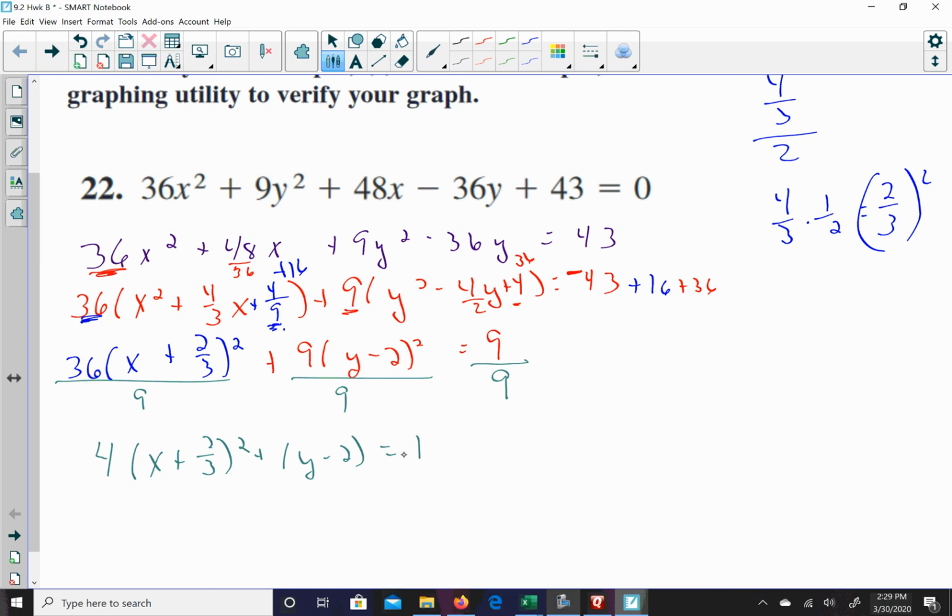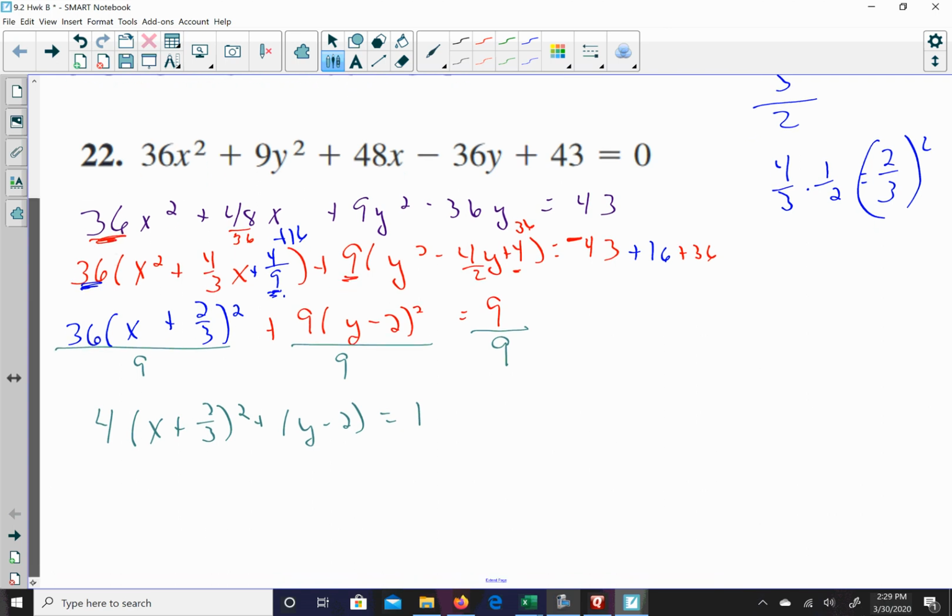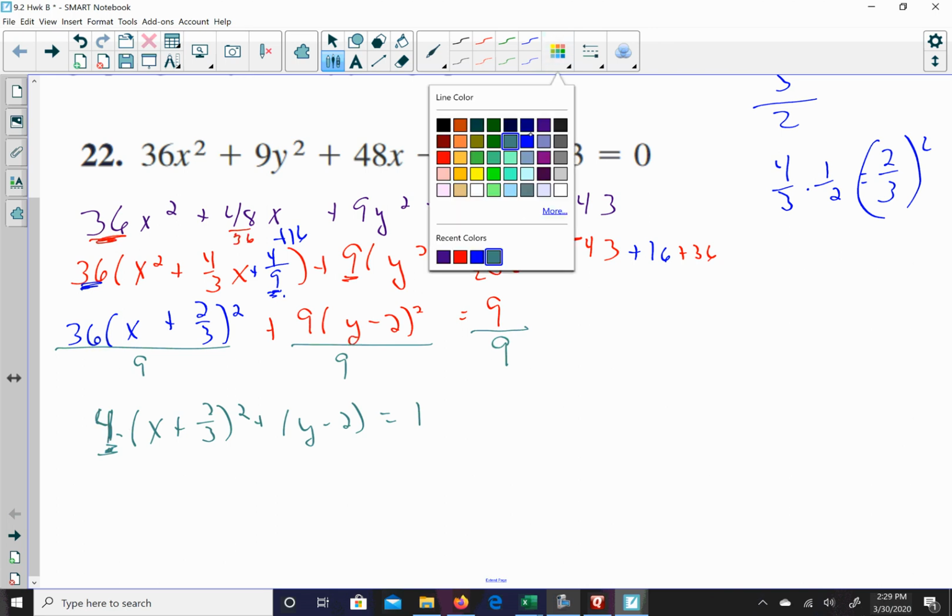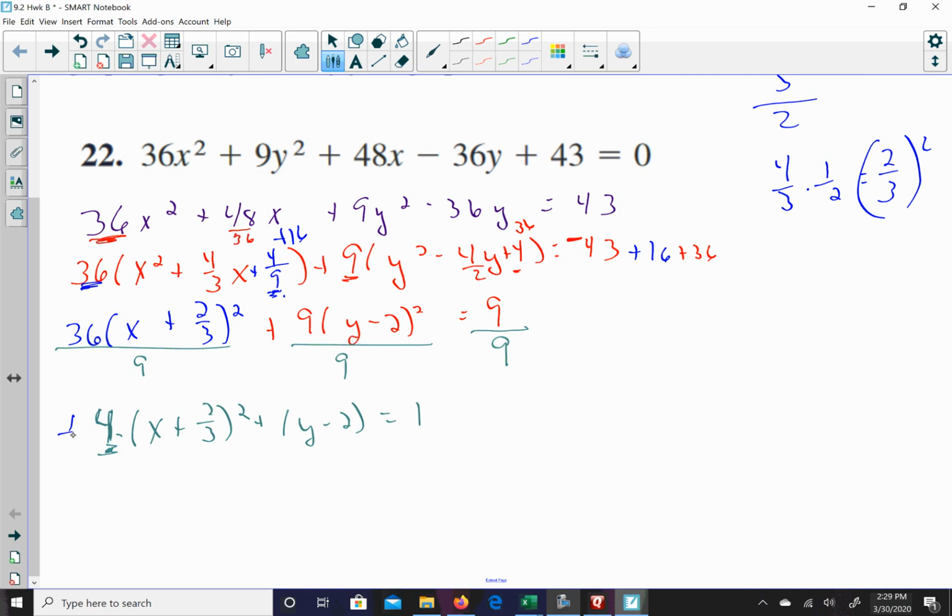And before you start identifying your A, your B, your C, and all that stuff, you have to realize that these have to have coefficients of 1. So this 4 is a problem. I had to ask myself, what do I have to do to get rid of this 4? Well, it's being multiplied. So I would multiply by 1/4. If I multiply the top of my fraction by 1/4, I'm going to multiply the bottom of my fraction by 1/4.